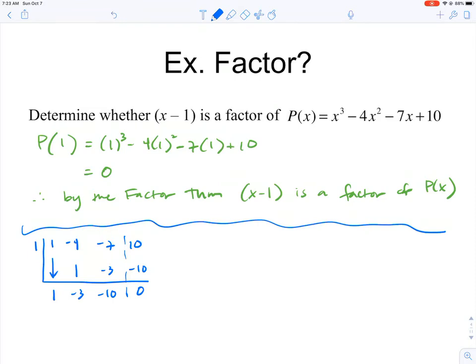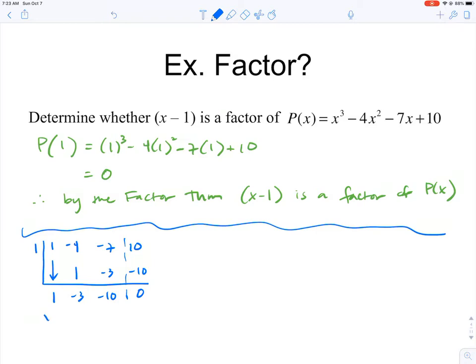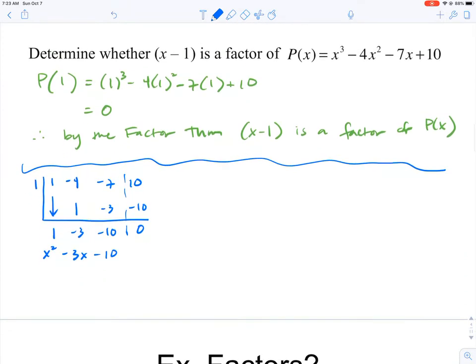Now remember that these numbers correspond to coefficients of the quotient. So we can tell, because this remainder is 0, that x minus 1 is a factor, but we can also now think about rewriting p of x as x minus 1 times x squared minus 3x minus 10.